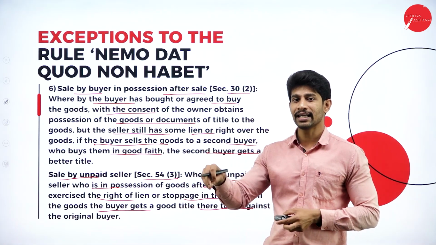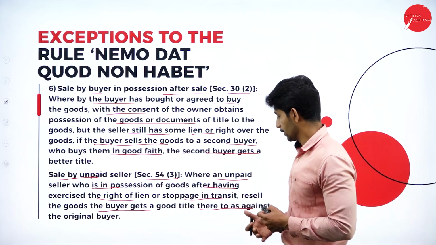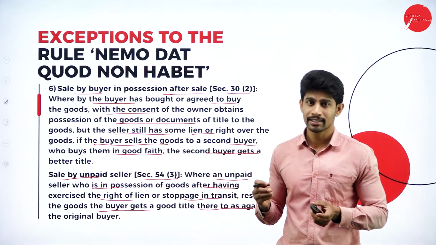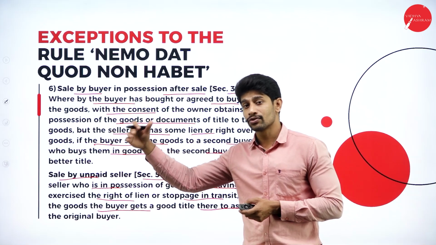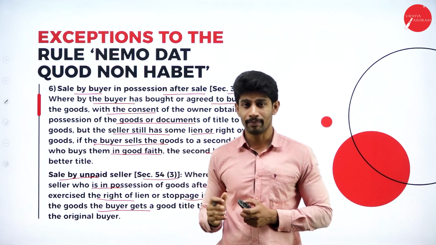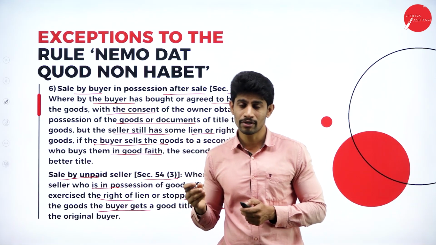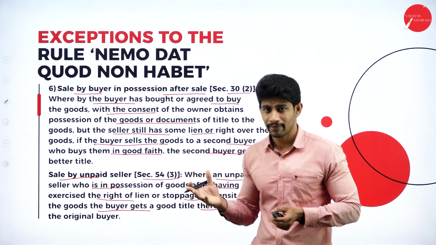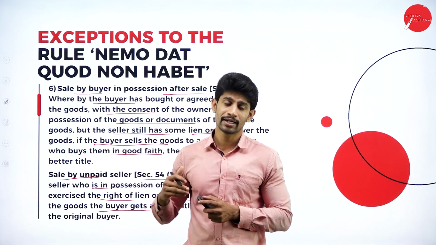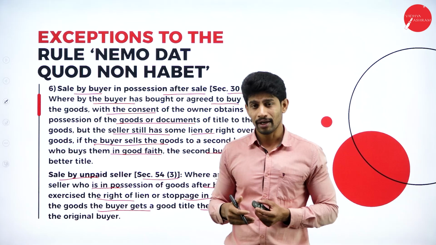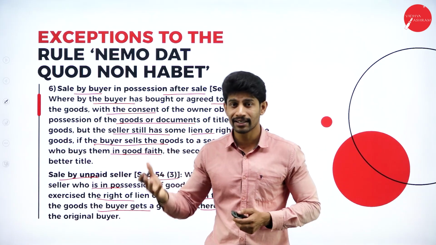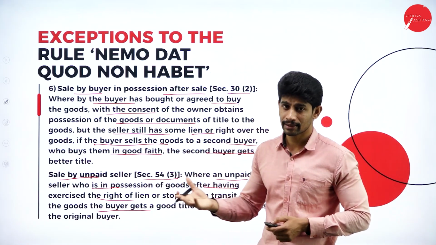At that time also, as a buyer you'll get a good title. The person who originally purchased and failed to pay the EMI will not come and question you, because he didn't pay the full amount. So the seller, who has possession of the goods, resells it to a third party.